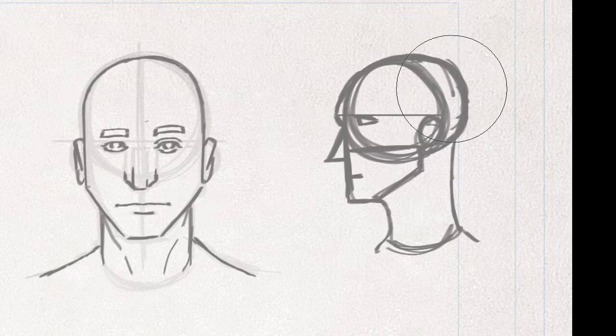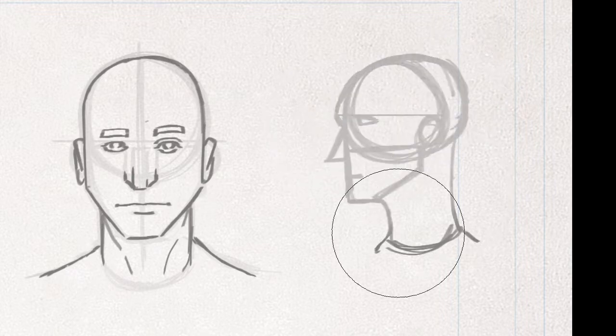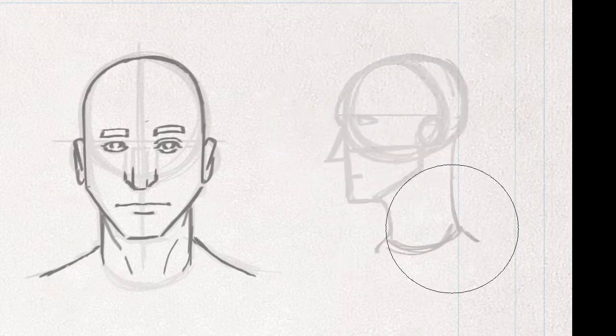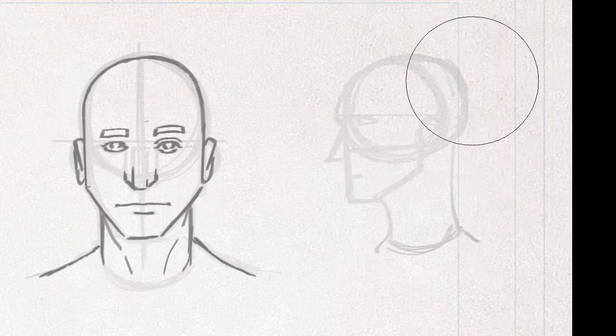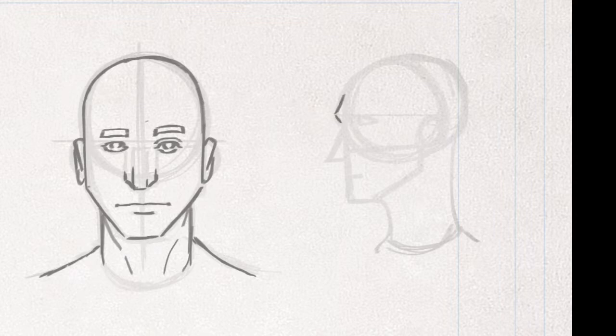Alright, so we'll erase that down a bit. Like I said, if I was using a kneadable eraser, you can go a little bit lighter. We'll take the brush, we'll just start roughing this stuff back in, or finishing this up a bit here. So your brow comes around, the back of your head here.